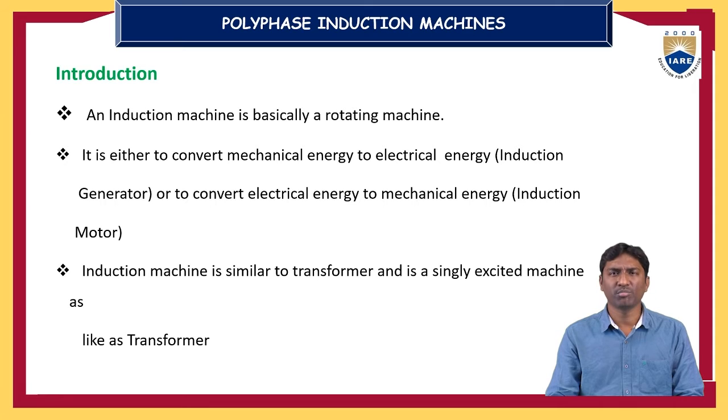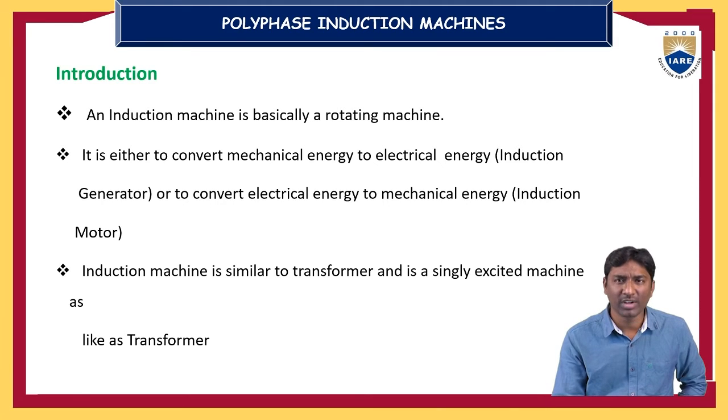In the induction machine, the secondary is rotated and short circuited. The induction machine depends on the rotating magnetic field. What is the rotating magnetic field? When balanced polyphase currents flow in a balanced polyphase winding, a rotating magnetic field, RMF, is produced.